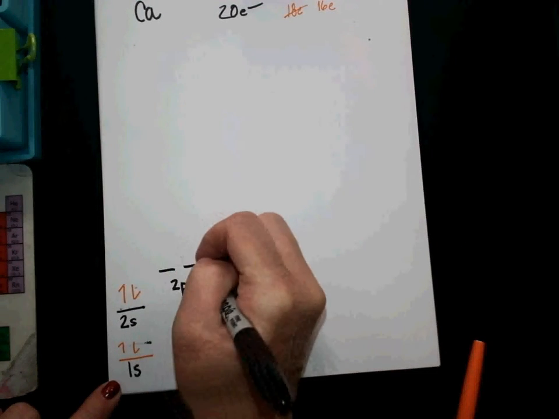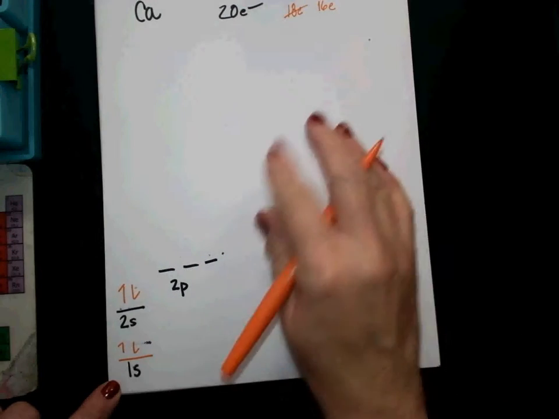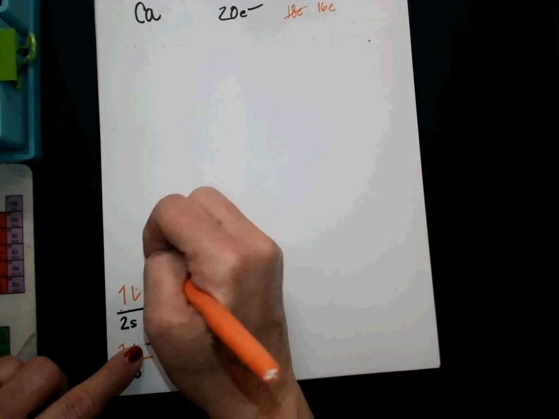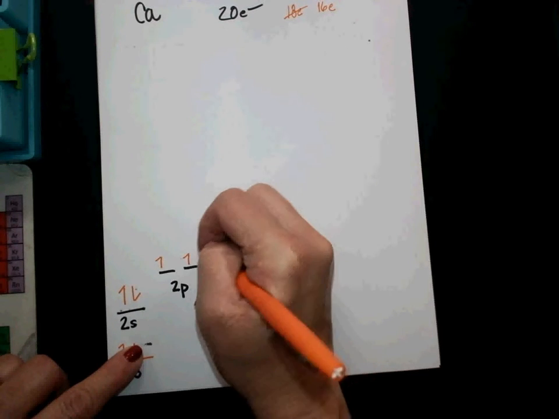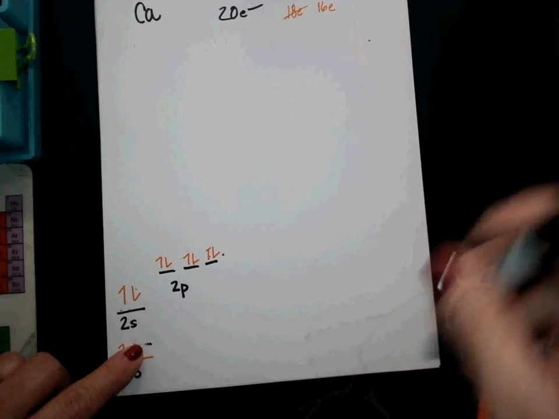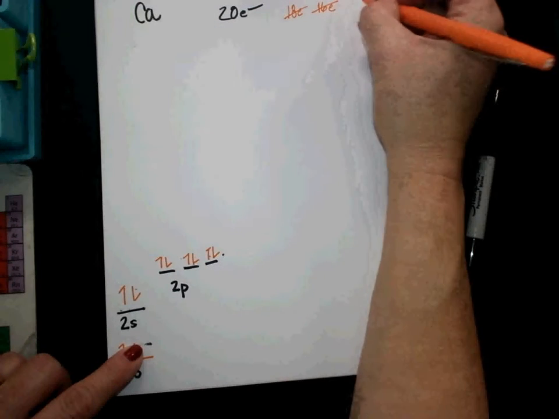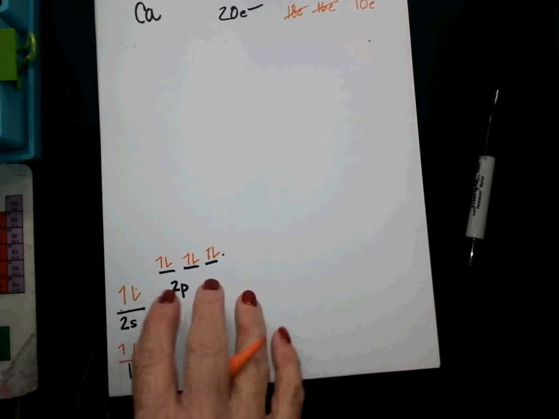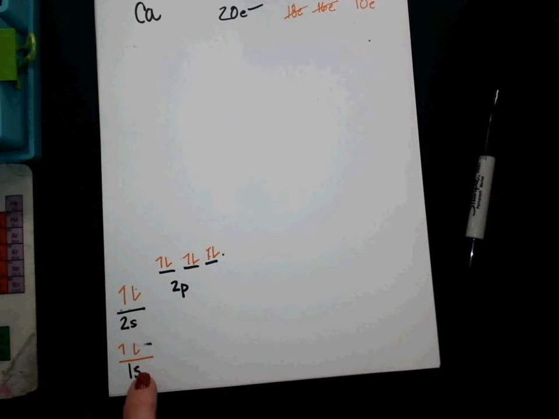Now I'm going to go ahead and do 2p since we've already done that. Do I have enough electrons to totally fill p? Yeah, so let's do it. And now I'm down to 10 electrons. Now I want you to stop for a minute. Because we've already done this. If I stop here, well, no, we've done a little bit extra.